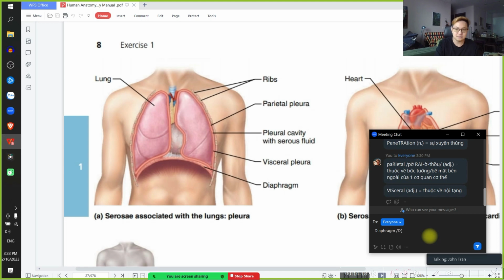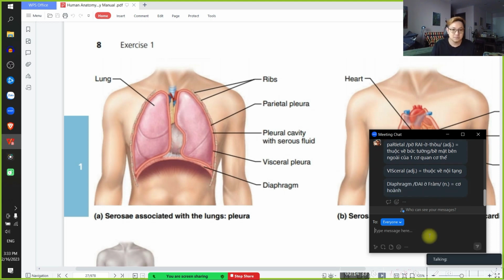The diaphragm is a huge muscle over here that is responsible for breathing.